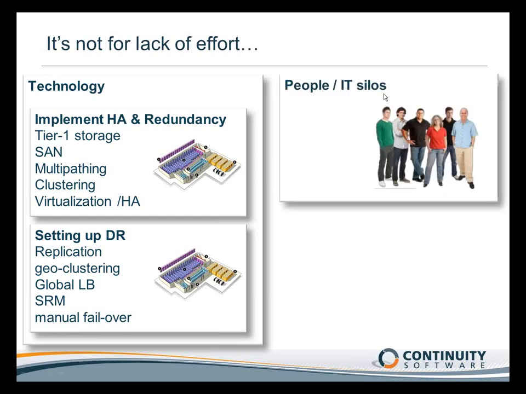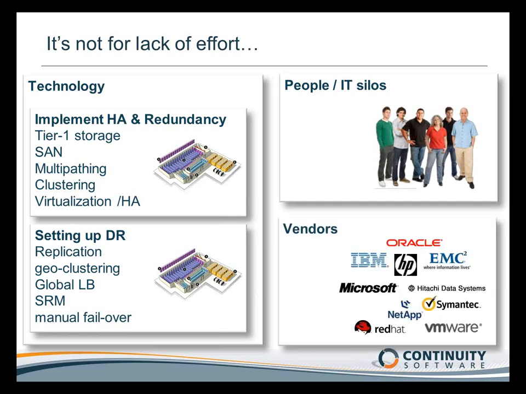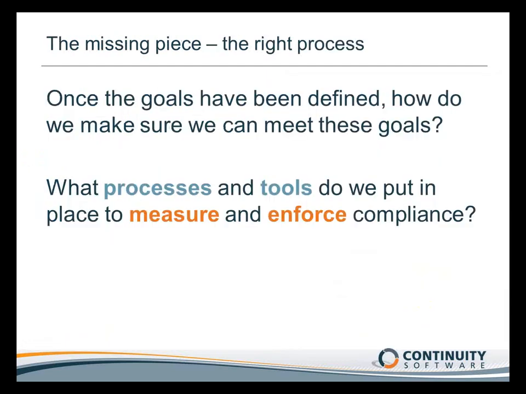But part of the problem is, A, that this significant configuration effort has to be carried out by multiple IT silos within the enterprise and sometimes with the help of vendors. So this proliferation of owners, vendors, and technologies does contribute to some of the complexity, and perhaps it may explain to a certain degree why we still have risk, but that's hardly the main reason.